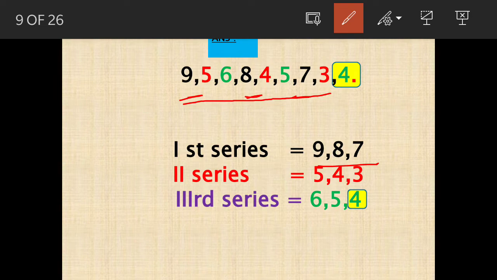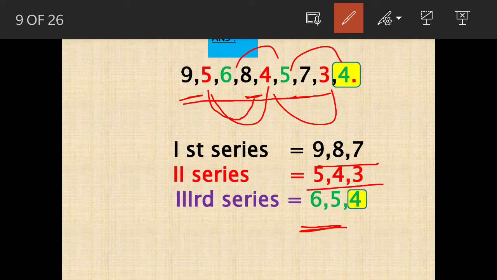Then the second series is 5, 4, 3. Here again numbers are reducing by 1. Now the third series, 6, 5, and the next number is not given, this we are supposed to find out. If it is 6 and 5, obviously if you reduce 1 it will be 4, and this is our answer.